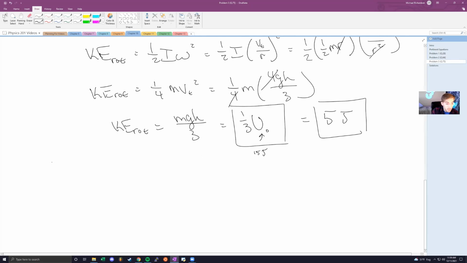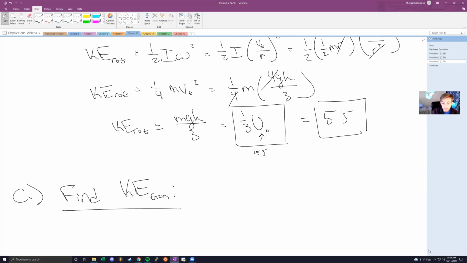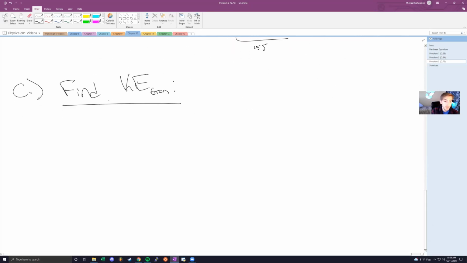Okay, and the final thing we want to do is find our translational kinetic energy. This isn't going to be crazy difficult because we've already solved for a lot of these quantities.